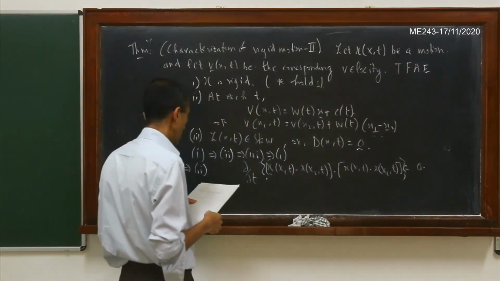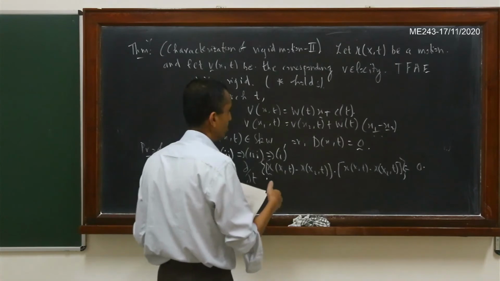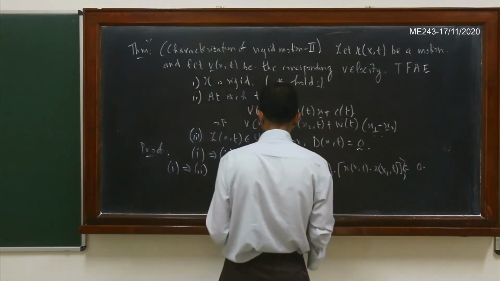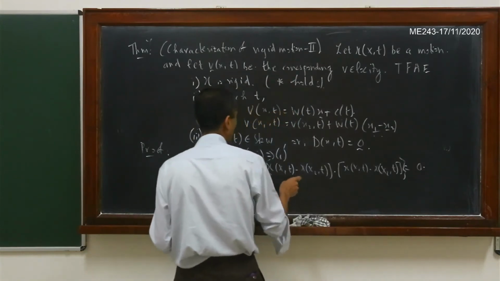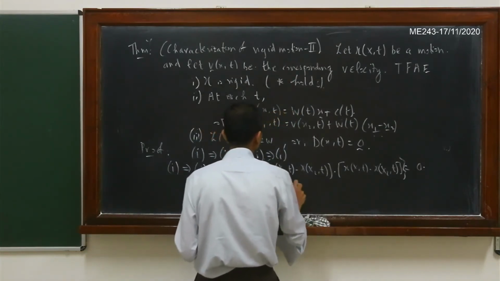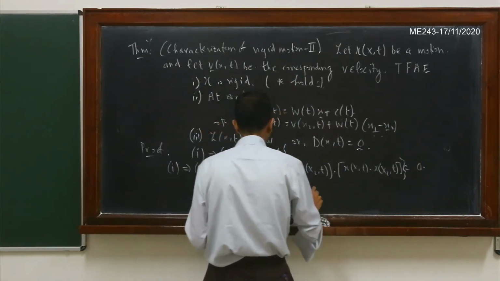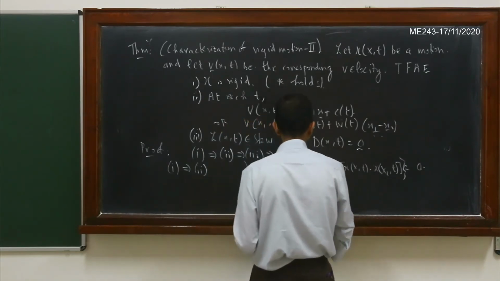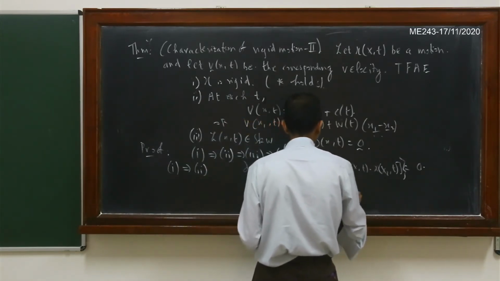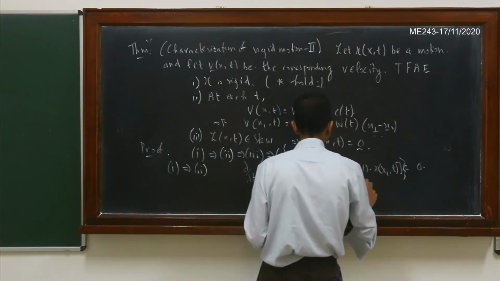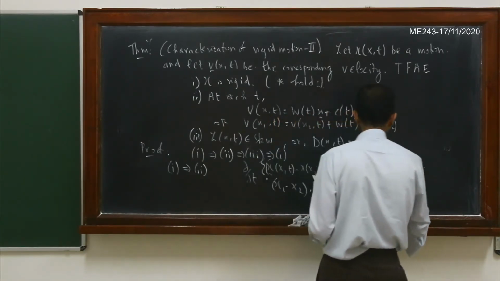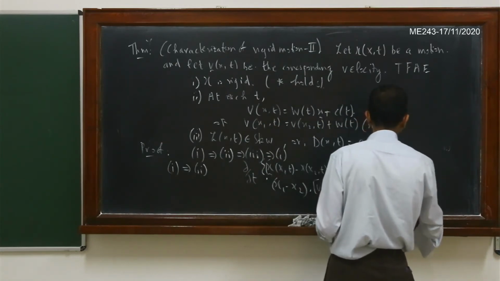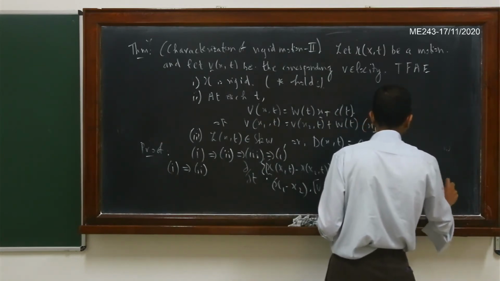If you now use the usual product rule, what you will get is that x1 minus x2 dot V of x1 comma t minus V at x2 comma t is equal to 0, for all x1, x2 belonging to V.